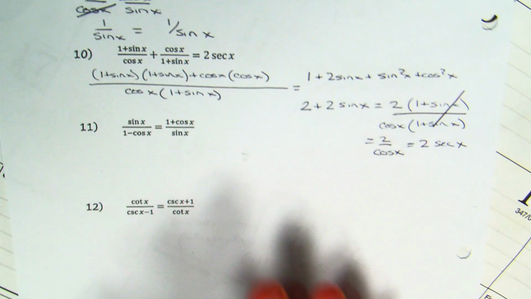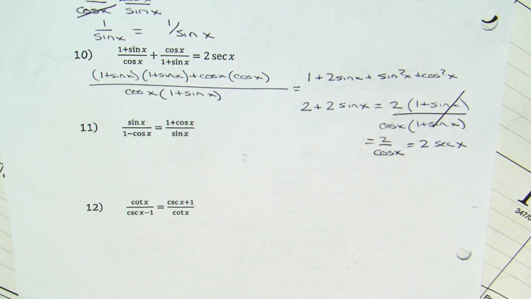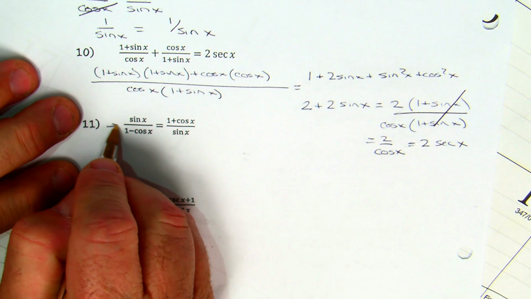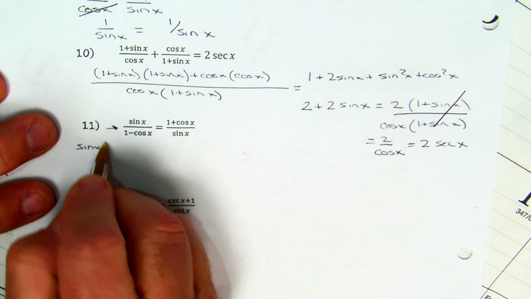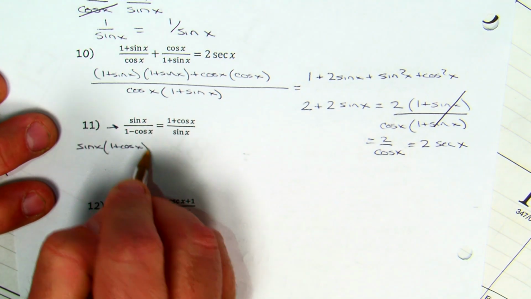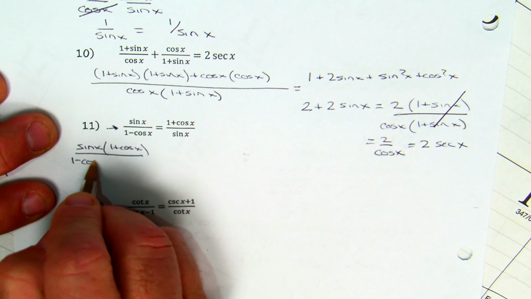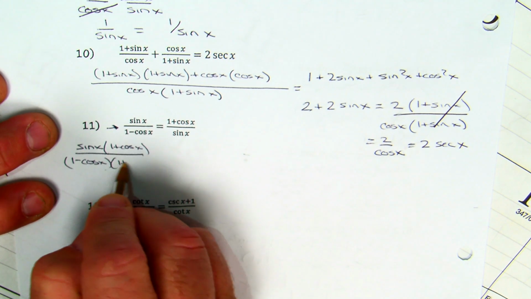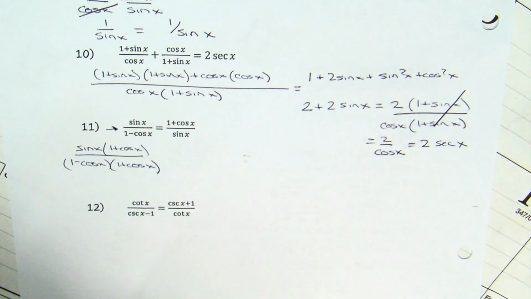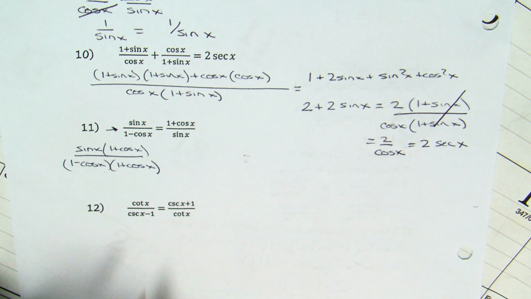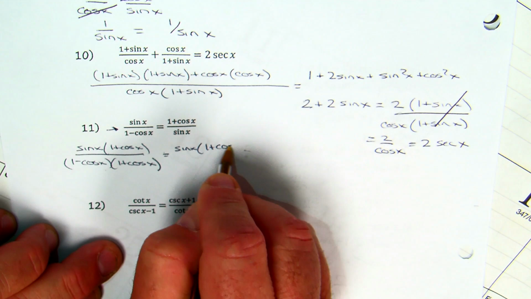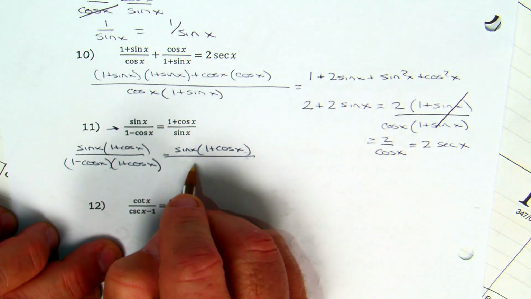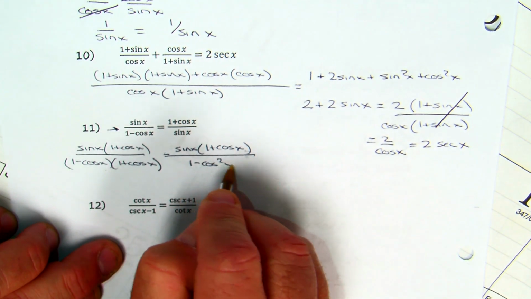Alright, 11, we've already discussed to do the more complicated one first. In this case, the one on the left would be more complicated because you have a binomial denominator. So I'm going to multiply by the conjugate once again. Sine x times 1 plus cosine x over 1 minus cosine x times 1 plus cosine x. Again, I'm not going to distribute on the top. So I'm going to leave that as sine x over 1 plus cosine x. And on the bottom, I'm going to have 1 minus cosine squared x.